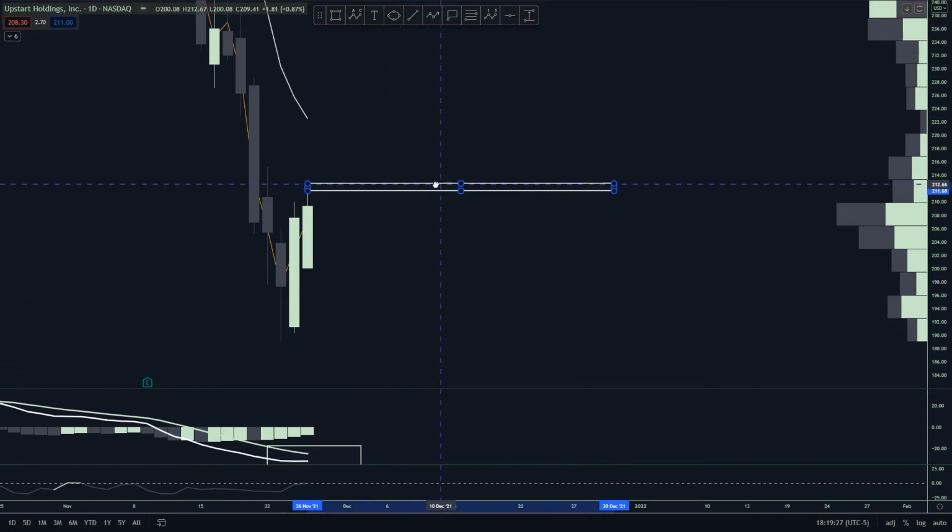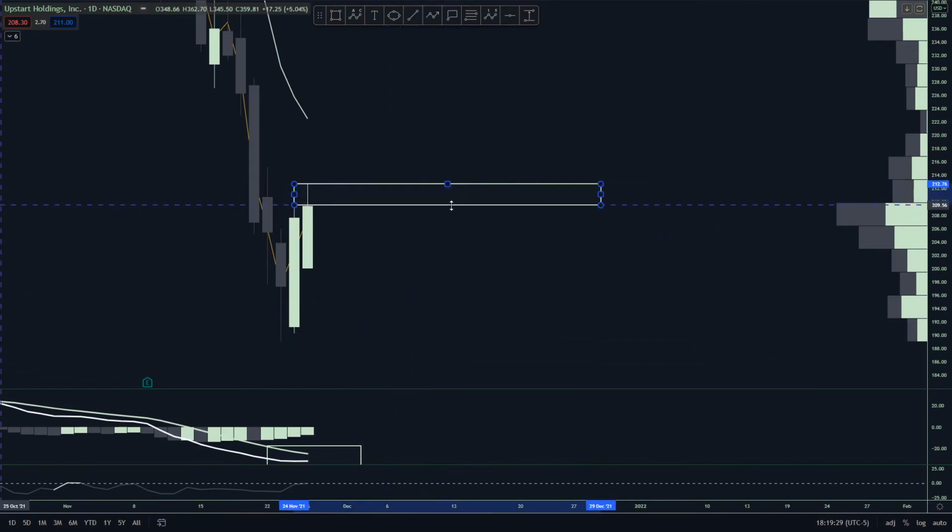I can take this and draw this as a supply zone. So say we have some price action in here for a day or two, and then we end up testing this upper resistance, this upper supply zone. If we get a bounce out of that zone, then we know that this is resistance. We know, okay, we're going to get rejected, see some downside, and this is the level we need to break through to continue momentum upward.